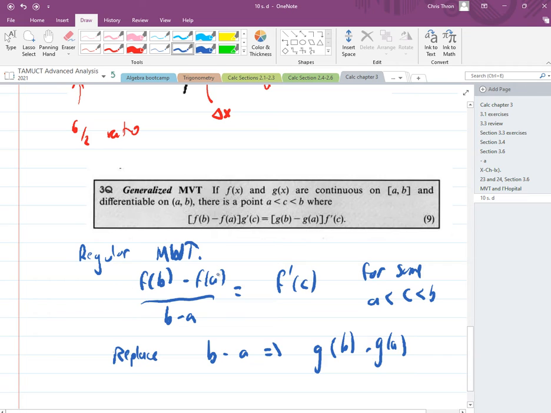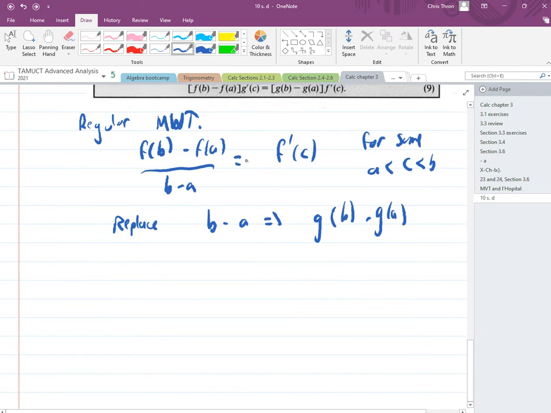So there's kind of a symmetry here. Basically, you're combining the mean value theorem for 2 points at once. Here, the regular mean value theorem says f of b minus f of a over b minus a is f prime of c. I could also say g of b minus g of a over b minus a is equal to g prime, but this may not be the same c. It might be d.